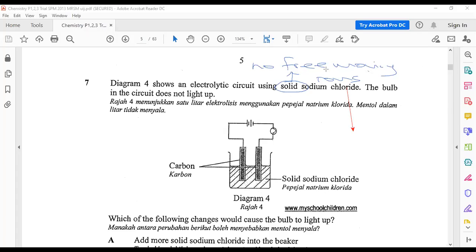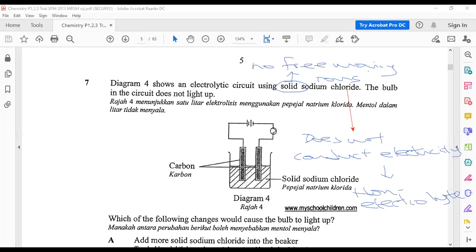Okay, therefore it does not conduct electricity. Now, when it does not conduct electricity, can it be an electrolyte? The answer is no, non-electrolyte. Okay, now why is it non-electrolyte?